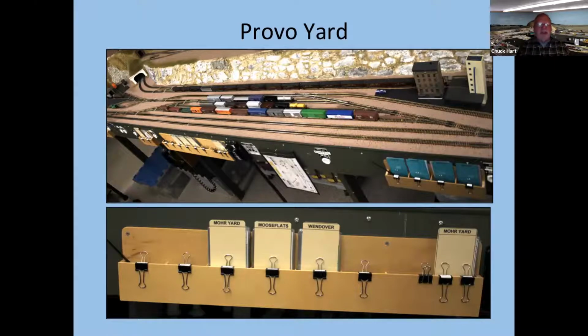If he pulls this off, he not only sees his yard diagram, where to put trains, but he flips that over and that's where his instructions are on how to operate this yard, how to do the waybills, where to put trains, what time to put locomotives on the trains. All that stuff is on the instruction sheet for this yard operator. And all the yards have an instruction sheet like this, hanging in front of their yard.